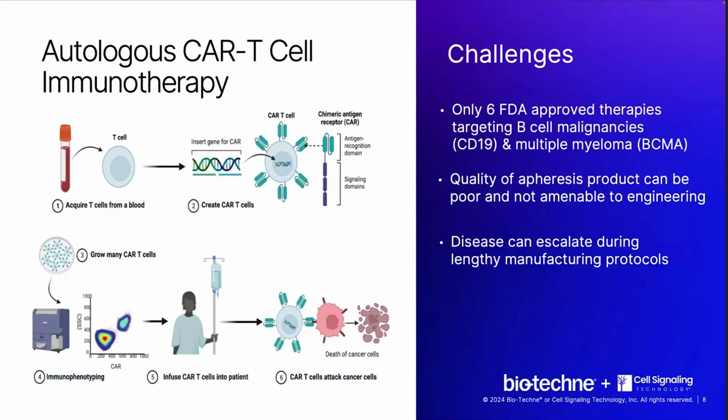Next, the disease can escalate during the lengthy manufacturing protocols which exist for currently established therapies. And lastly, the efficacy of CAR T technology in solid tumor settings still remains a challenge.